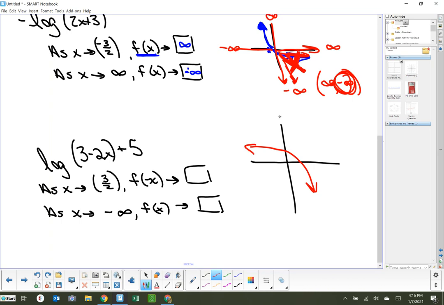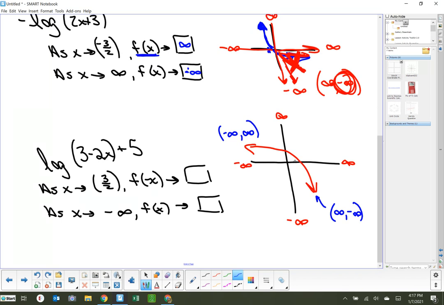So again, if we go with this whole idea, if you wanted to know where that guy's pointing, this guy, the x is negative, the y is positive, right? So we can just focus on where we have to go. All right, as x goes towards 3/2, that's out here.